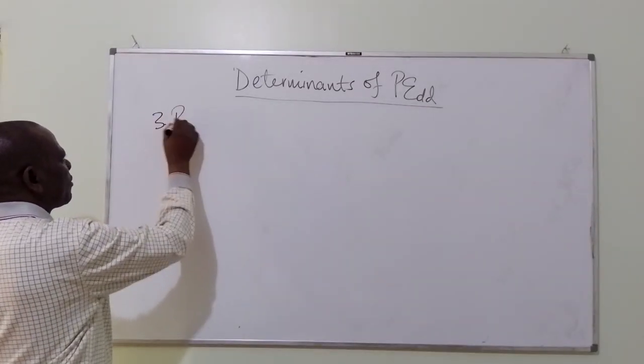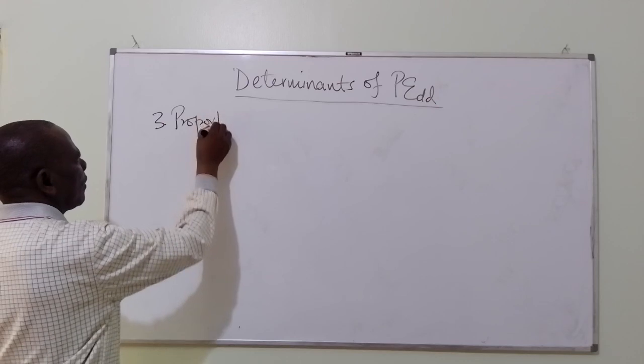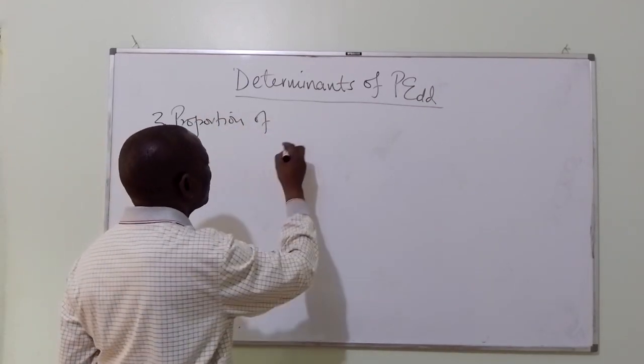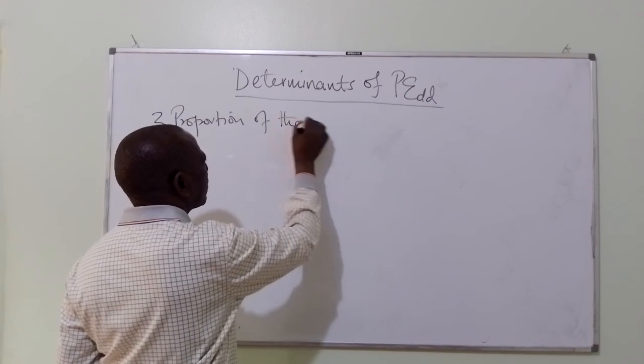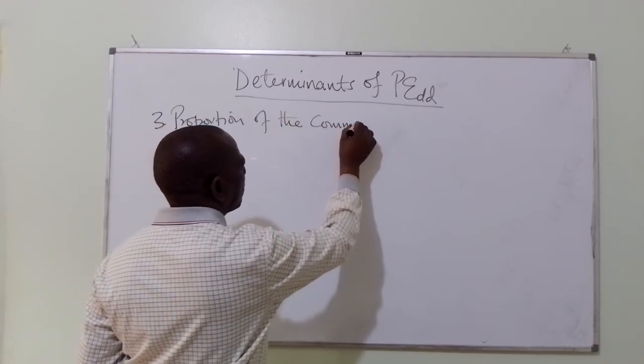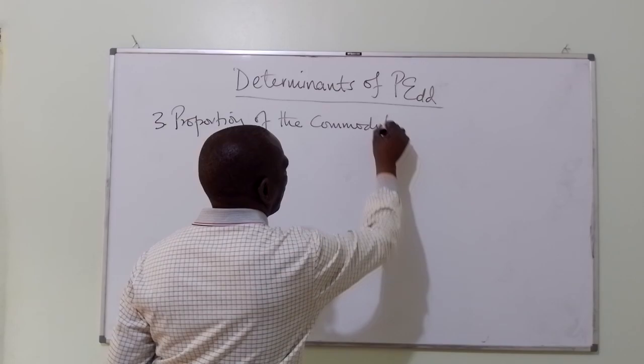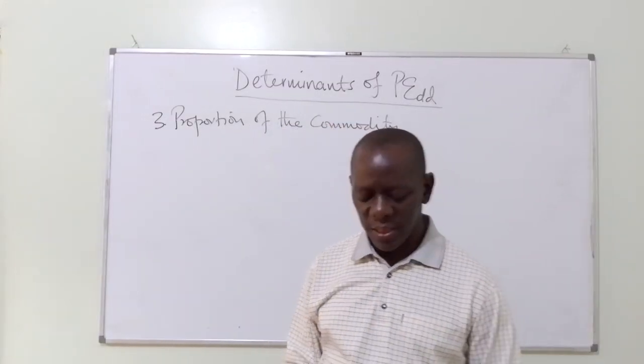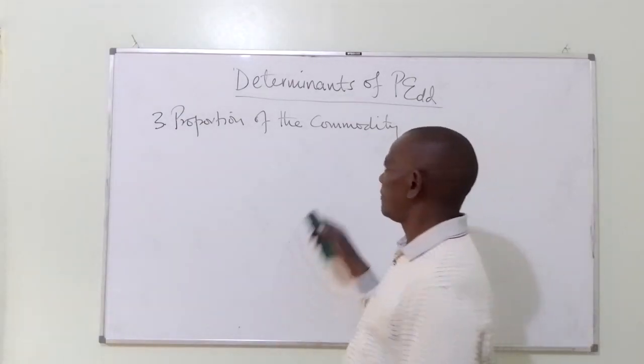The third one is proportion. The proportion of the income.